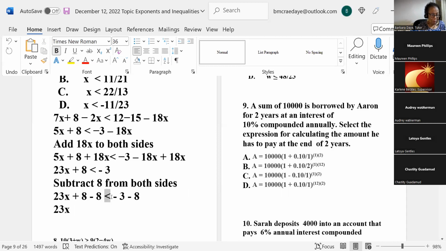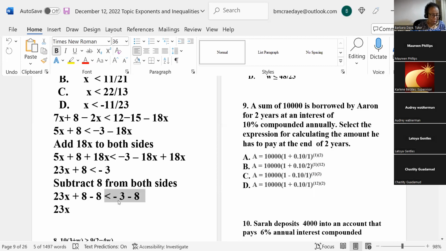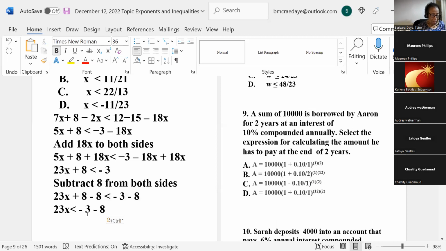Let me just copy my inequality. You added those and got a minus 11, which is correct. So let's put that there. Minus 11. So, Maureen, how do you solve for x? I have 23x less than a minus 11. So how do I solve for the x?